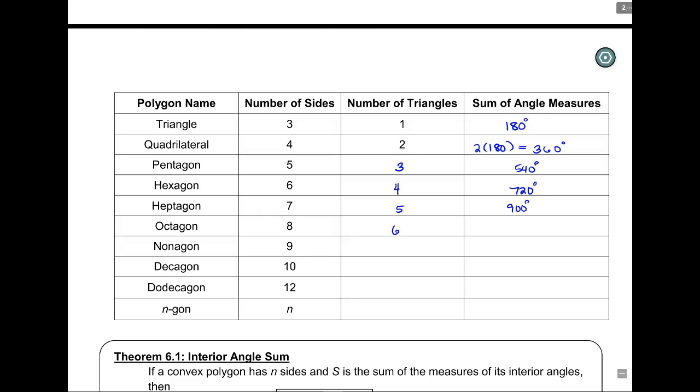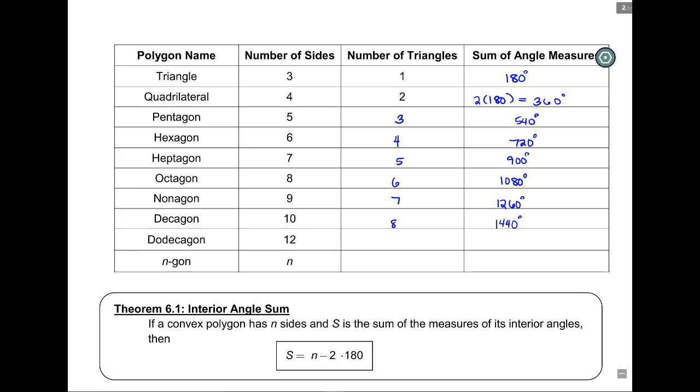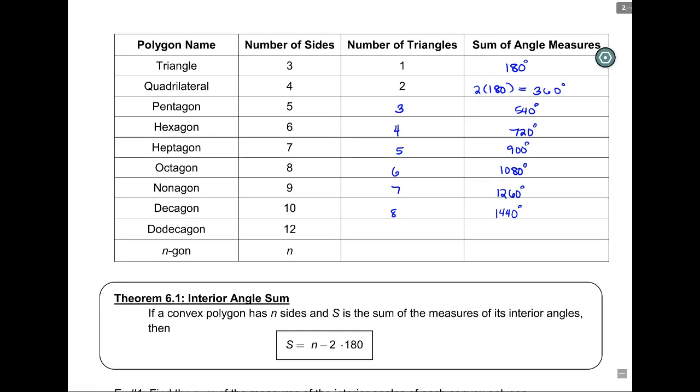Octagon has 6 triangles, so 6 times 180 is 1080. A nonagon has 7 triangles, so 7 times 180 is 1260. A decagon has 8 triangles, so that's 1440 degrees. And then dodecagon has 10 triangles, and so 10 times 180 is 1800.